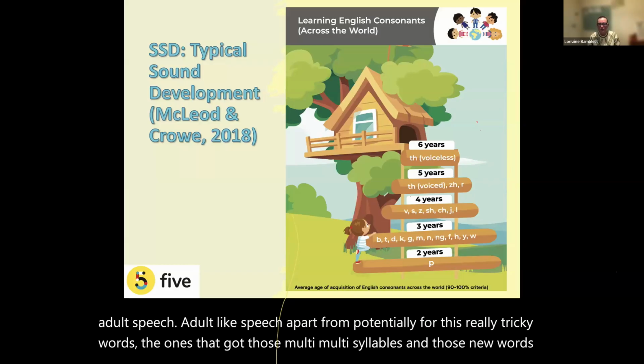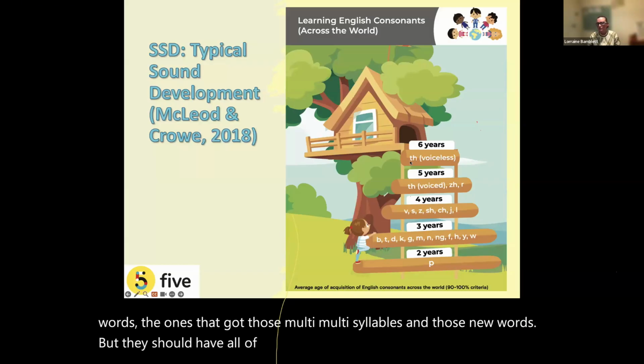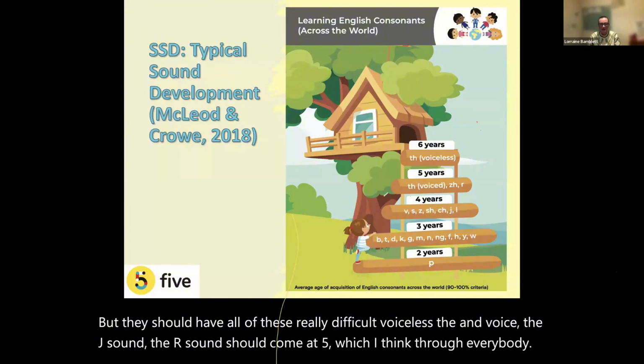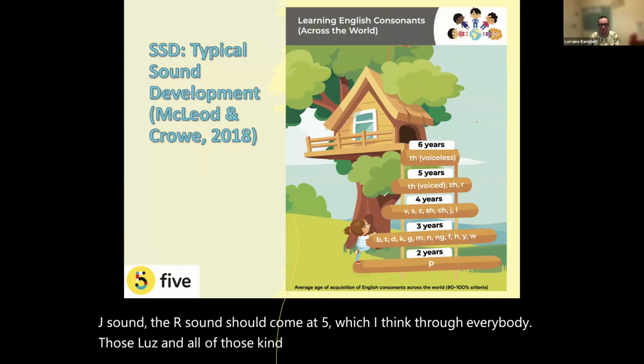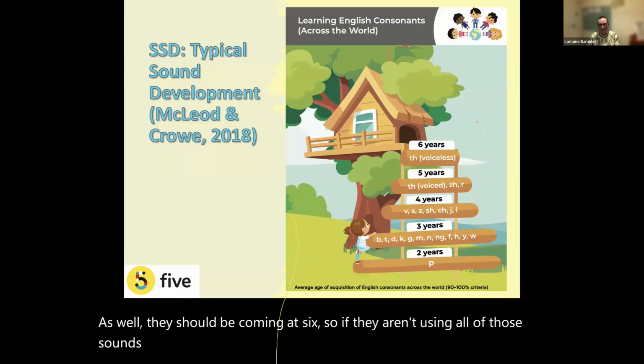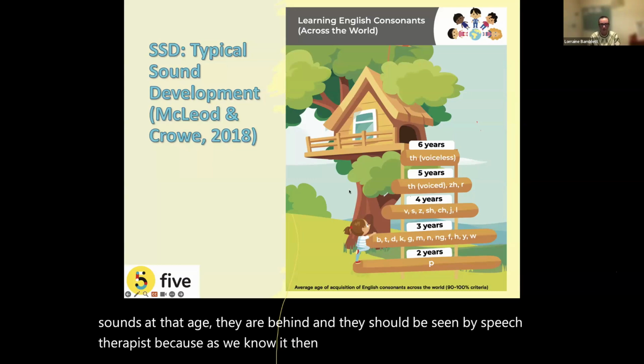They should have all of these really difficult sounds: voiceless th and voiced th, the j sound. The r sound should come at 5, which I think threw everybody. Those l's and all of those kinds of sounds should be coming at 6. So if they aren't using all of those sounds at that age, they are behind, and they should be seen by a speech therapist, because as we know, it then impacts on their literacy.